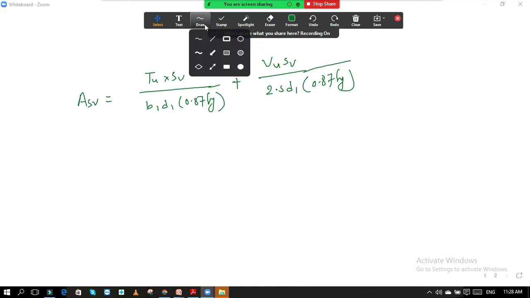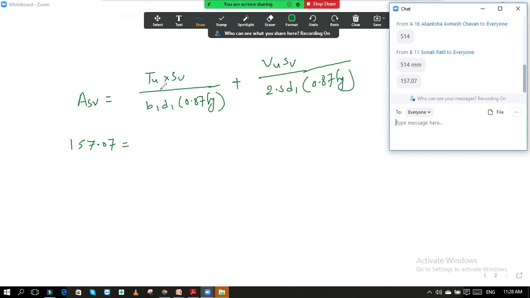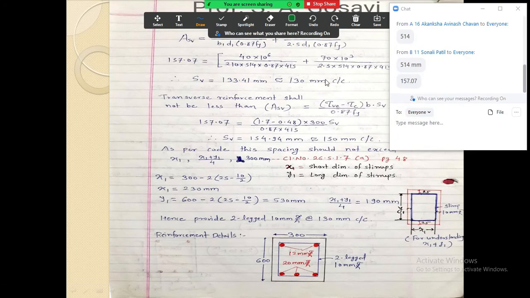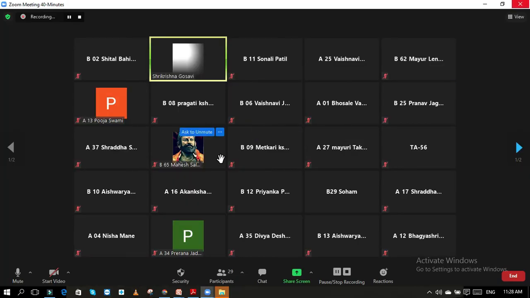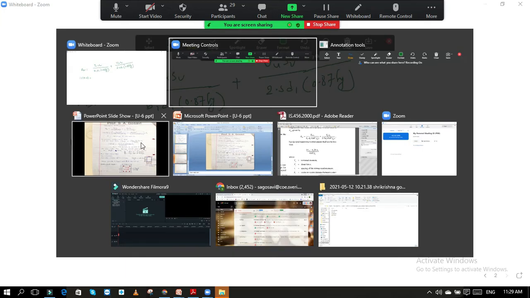So therefore ASB, what is the value of ASB? We have already calculated it. What was the value? We have taken two legged 10 mm diameter stirrups. So 157.07 some answer you have calculated. Please check the value. Okay. So now TU twisting moment, how much it is given? 40. Twisting moment is 40.